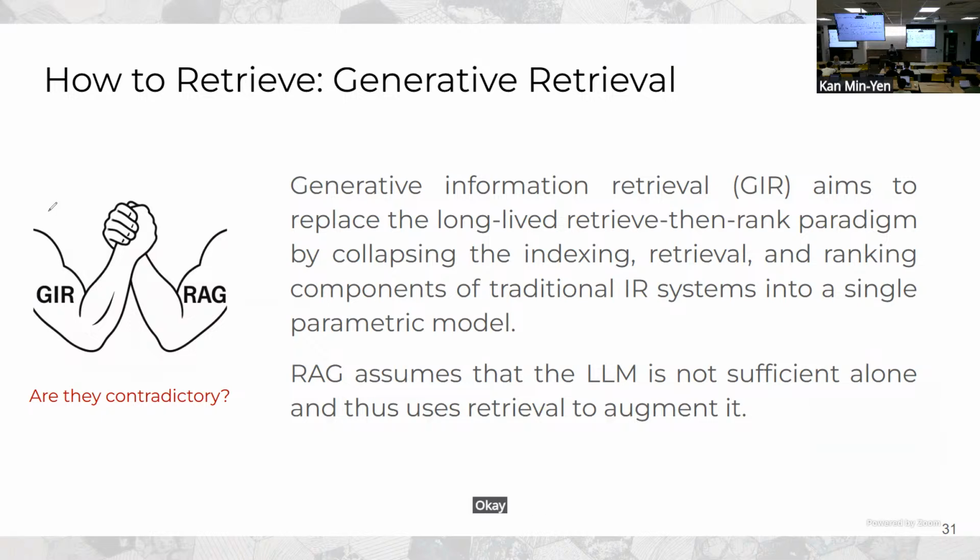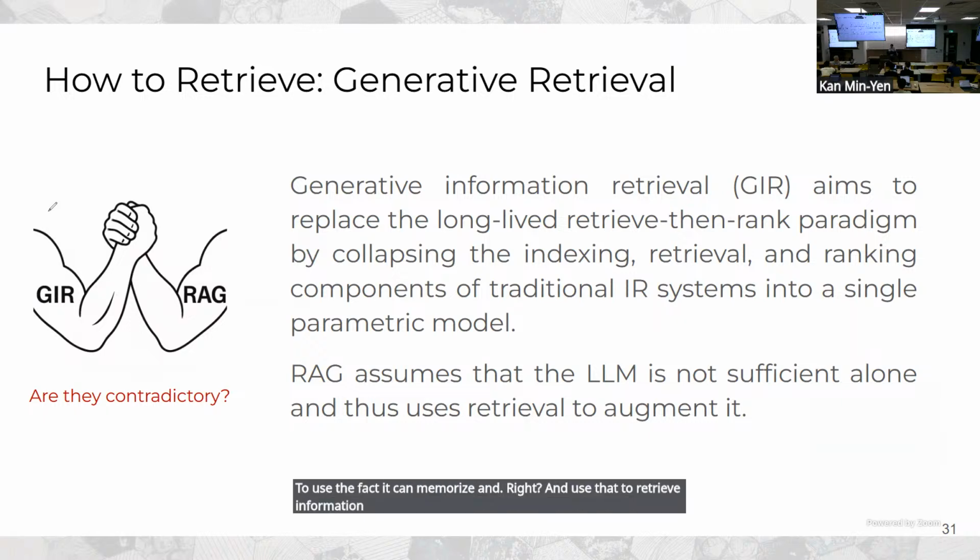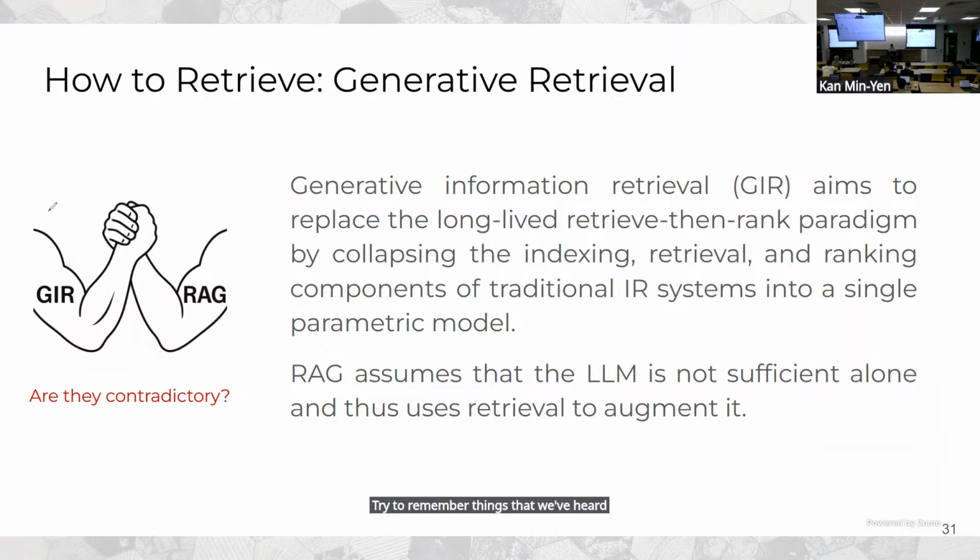Generative information retrieval is very interesting because we're asking the language model to use the fact that it can memorize information, and use that to retrieve information. Because we do it all the time, trying to remember things that we've heard or quotes that we've heard. And we're actually retrieving from memory.